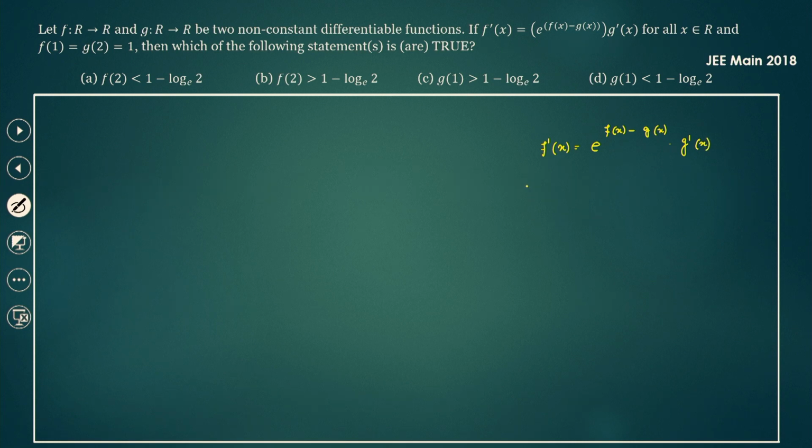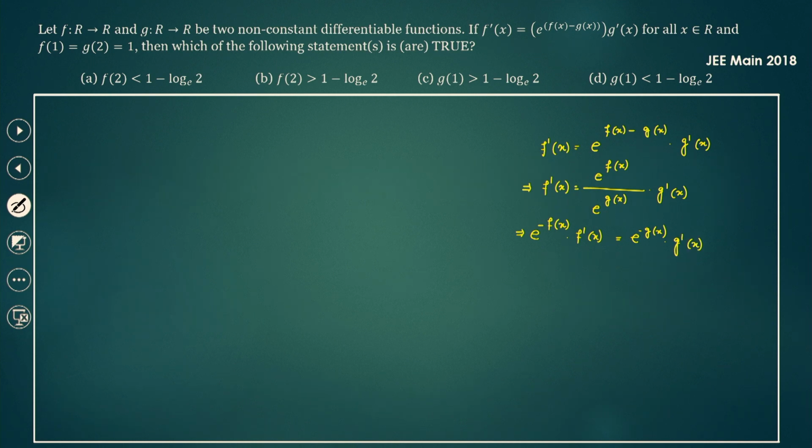So we can easily say that f dash x is equal to e to the power f(x) divided by e to the power g(x) multiplied by g dash x. That implies e to the power minus f(x) f dash x is equal to e to the power minus g(x) and g dash x.